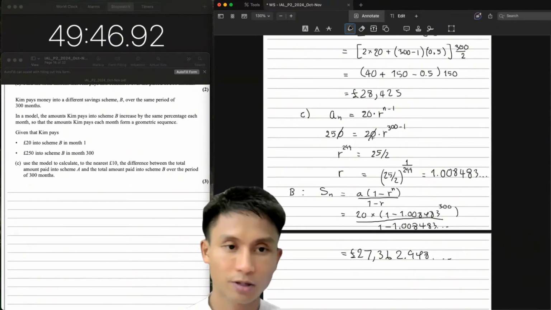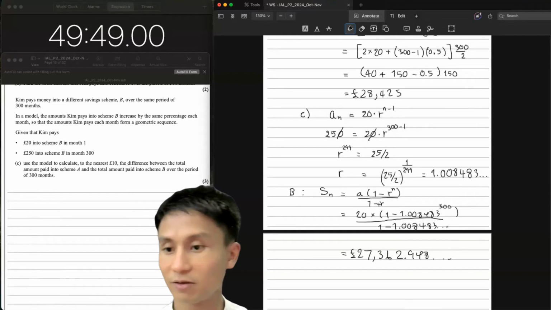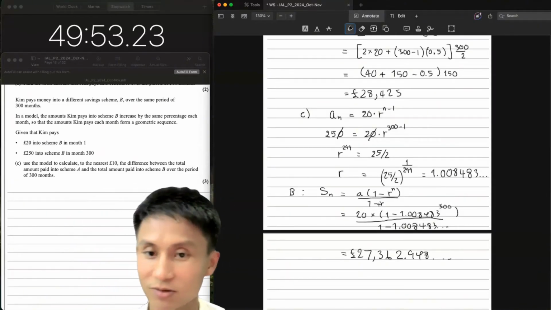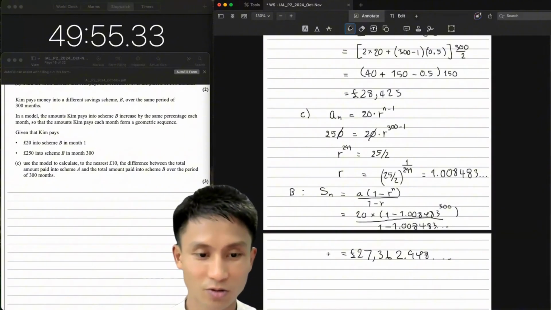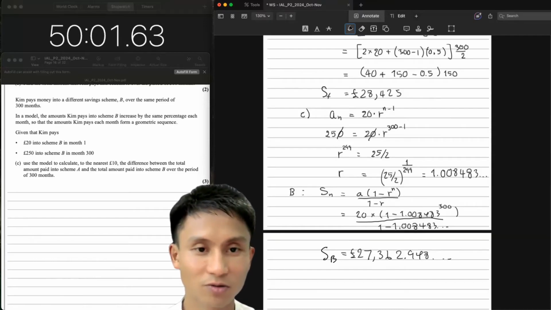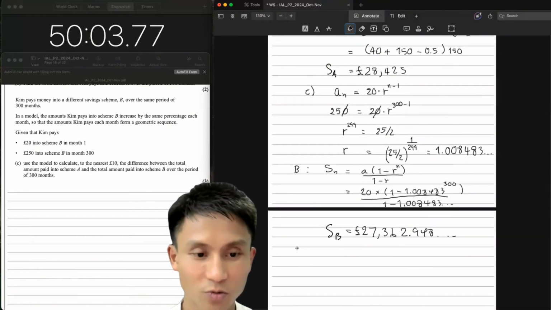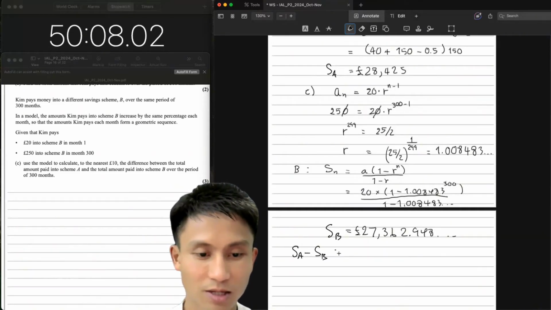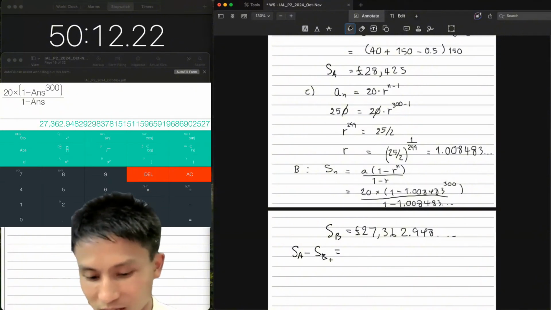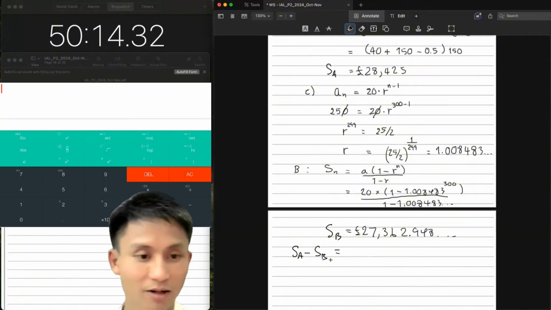So look, we have this. We have to find the difference between these. Use the model to calculate the difference. Okay, so this is the sum of model scheme B, and this is the sum of model scheme A. So we do SA, because SA is greater, minus SB equals. Because I already have the SB in my calculator, I'm just going to hit equal and then clear.